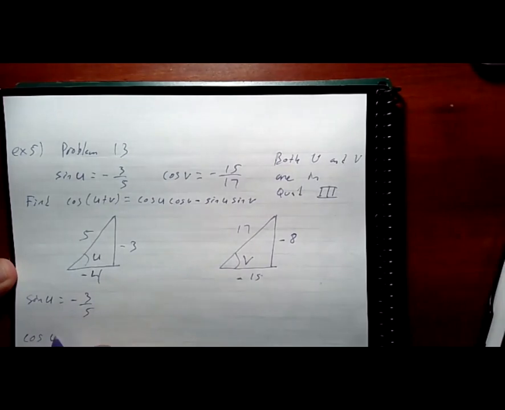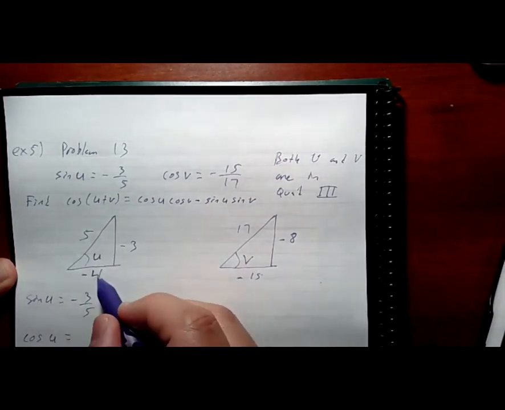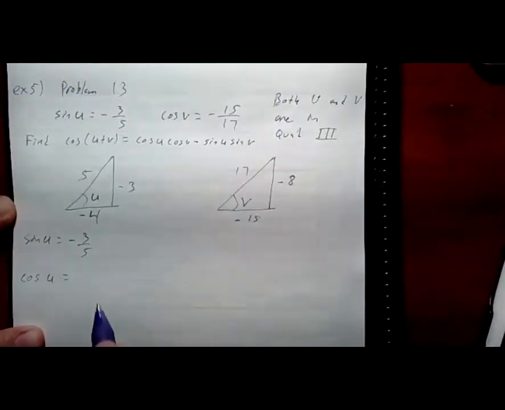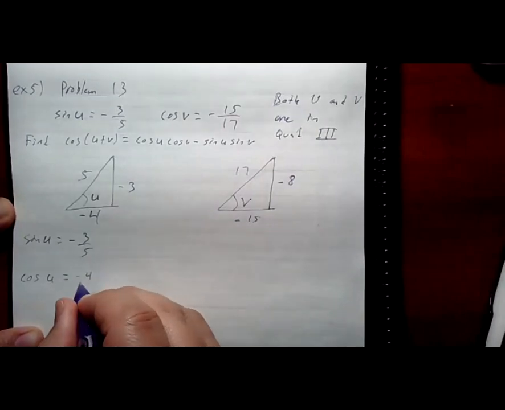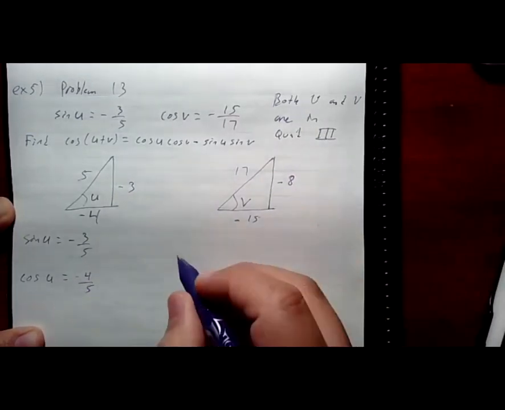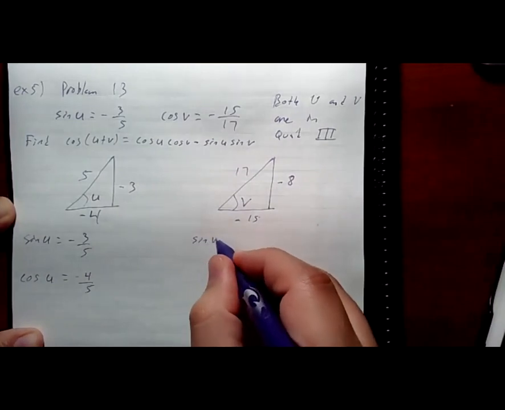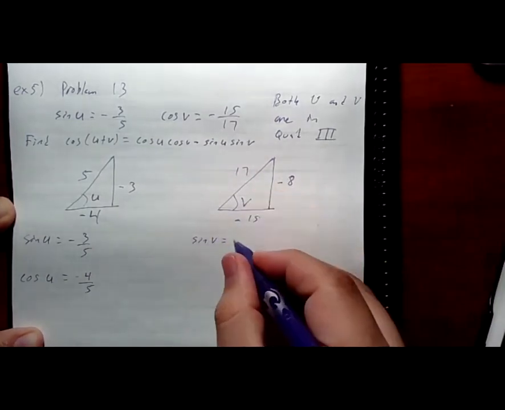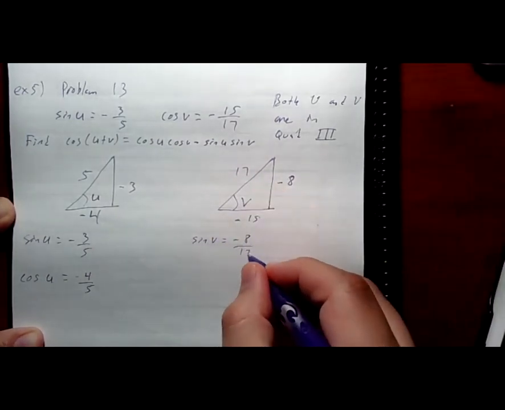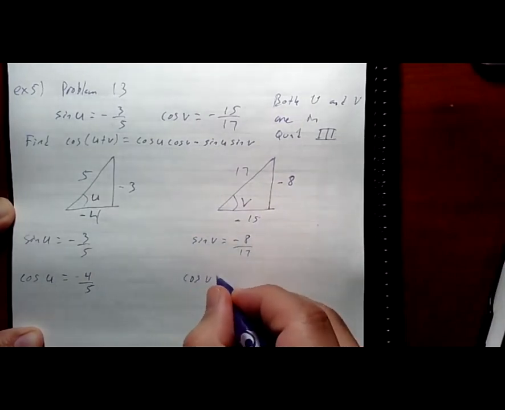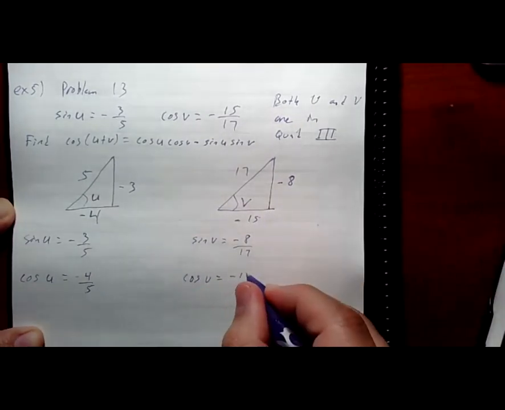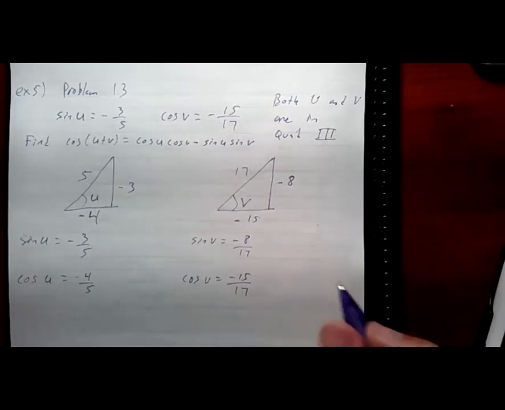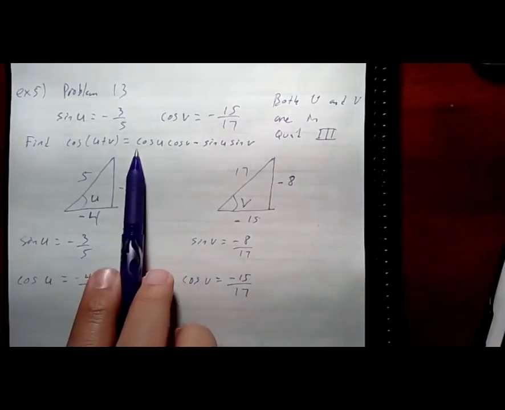Cosine u, that's adjacent over hypotenuse. Now I go to this guy. Sine v, opposite over hypotenuse. Cosine v, adjacent over hypotenuse. So now I found all the pieces I need. I can just plug them in.